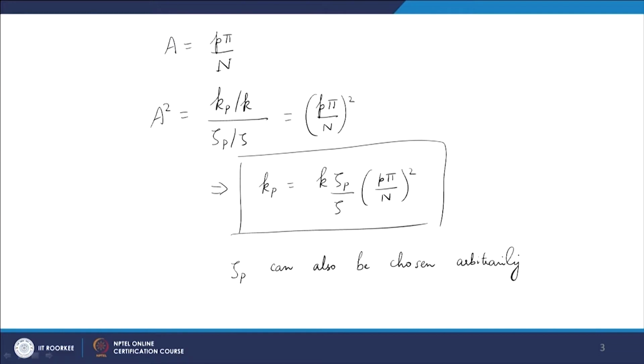Okay. So, how we get zeta_p is the following.